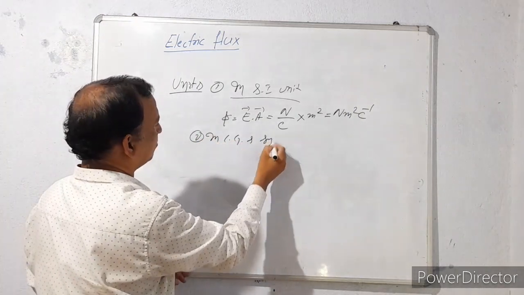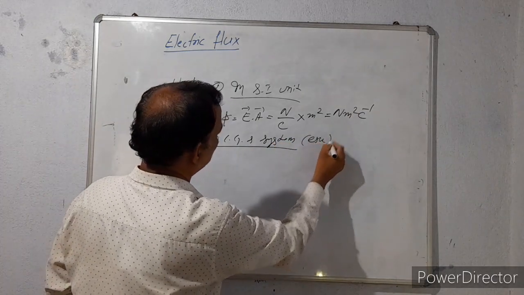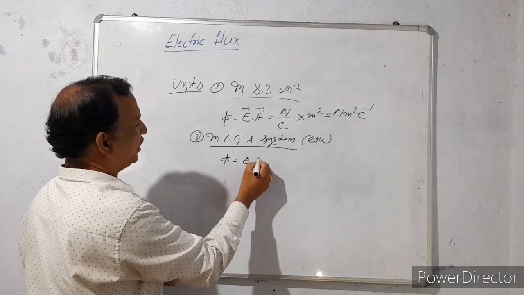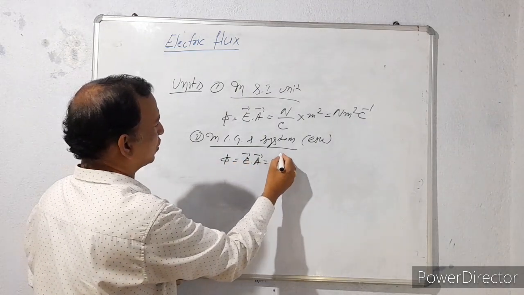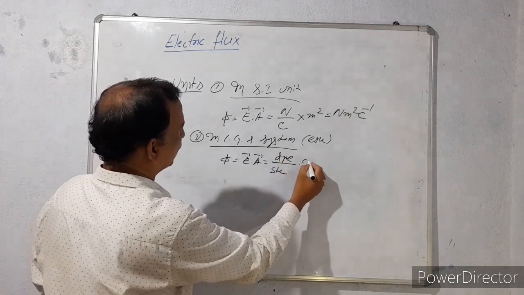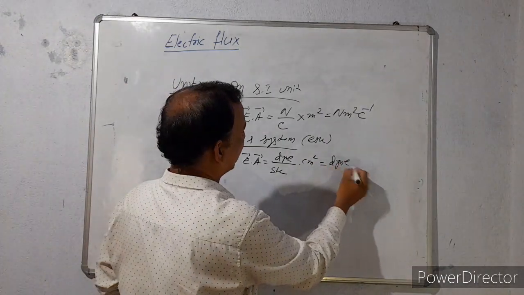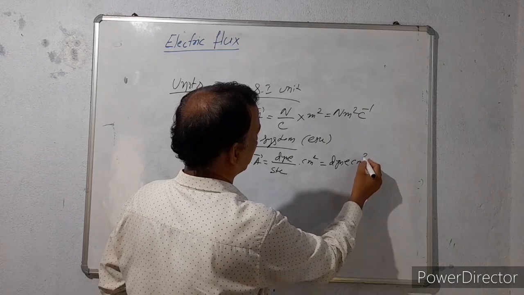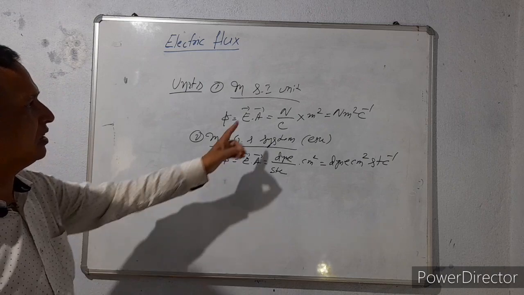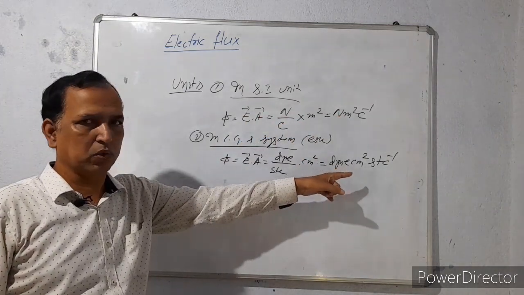In CGS system, ESU of flux phi is equal to E dot A, that is dyne by stat coulomb into centimeter square, that is dyne centimeter square stat coulomb inverse. These are the units: Newton meter square per coulomb, dyne cm square stat coulomb inverse.